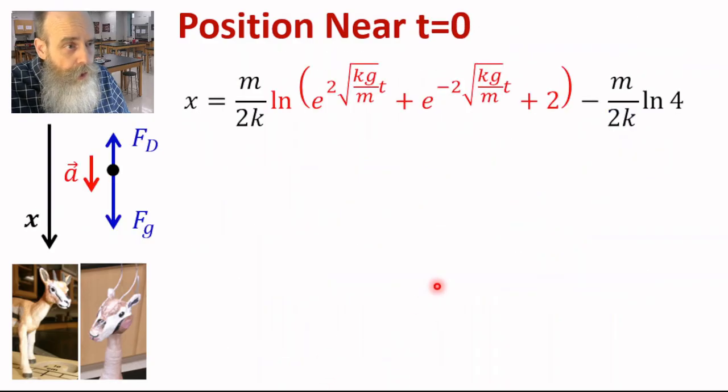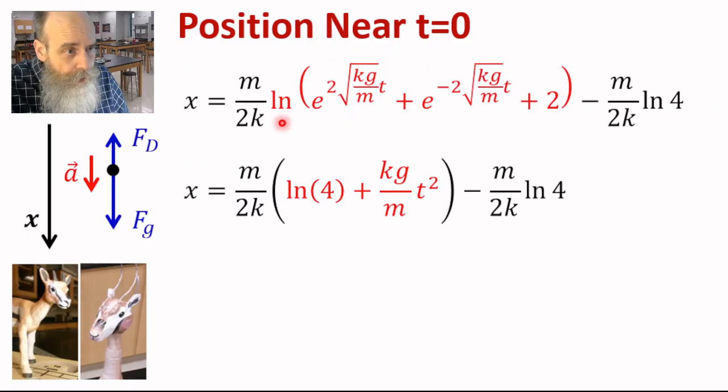Now, here's our expression for x. So this ln function in red is what we just expanded with our Taylor expansion. So let's put in what we just found. Near t equals 0 it is this. Now some things cancel out. This term, m over 2k ln 4, cancels out with this, m over 2k ln 4.